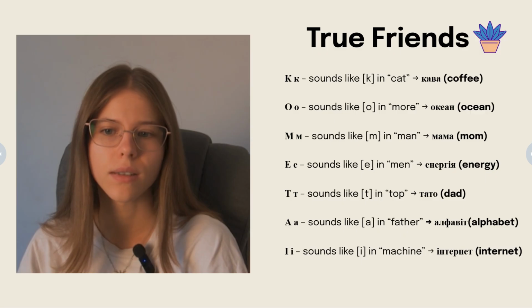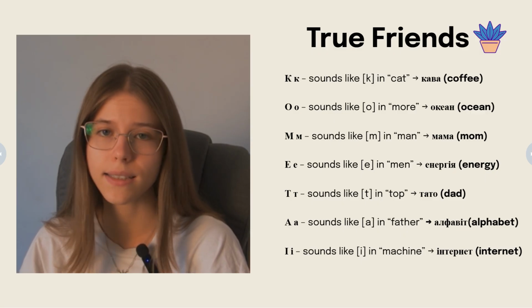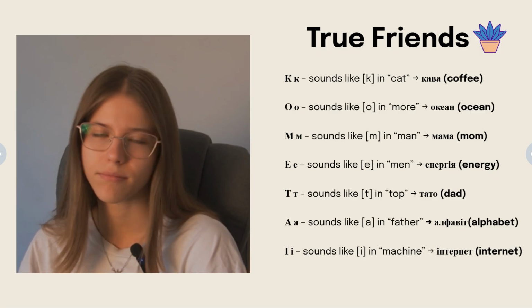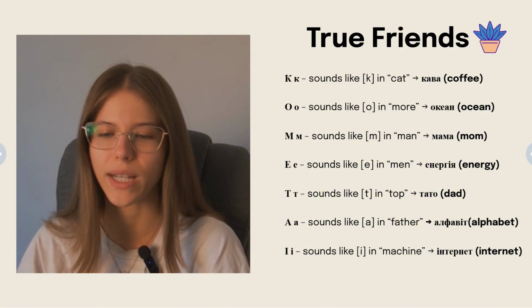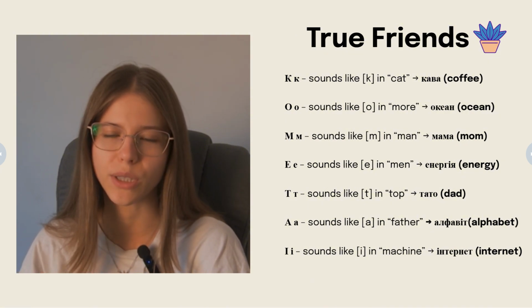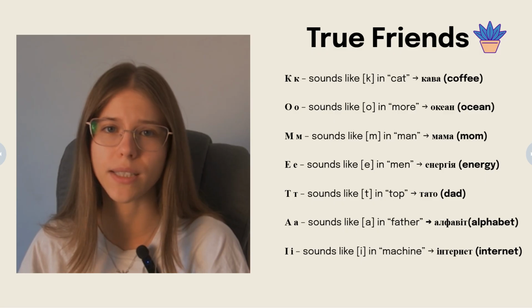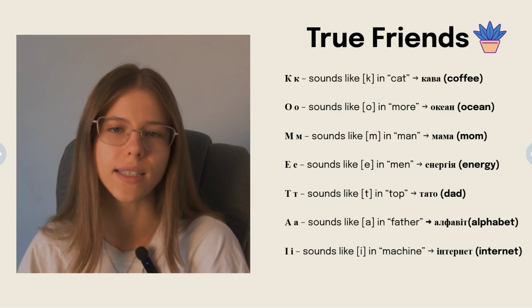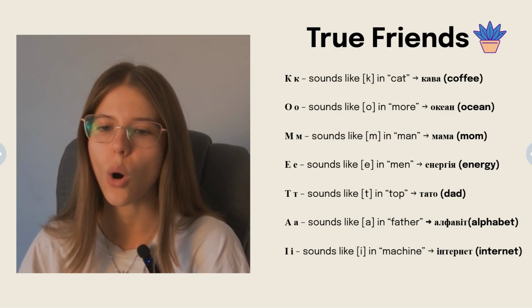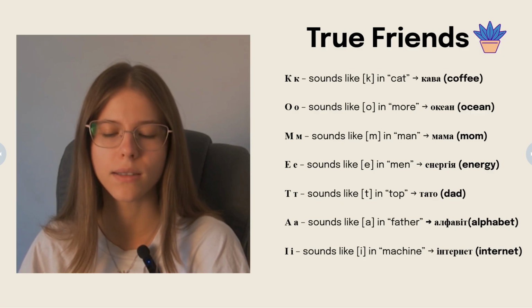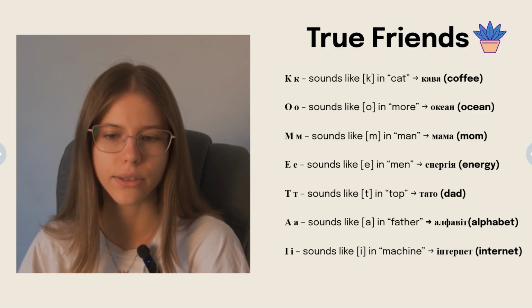So K, like in cat, K, кава, something like this. So that's a small tip for you. Let's read it again shortly. So K, O, M, E, T, A, I.